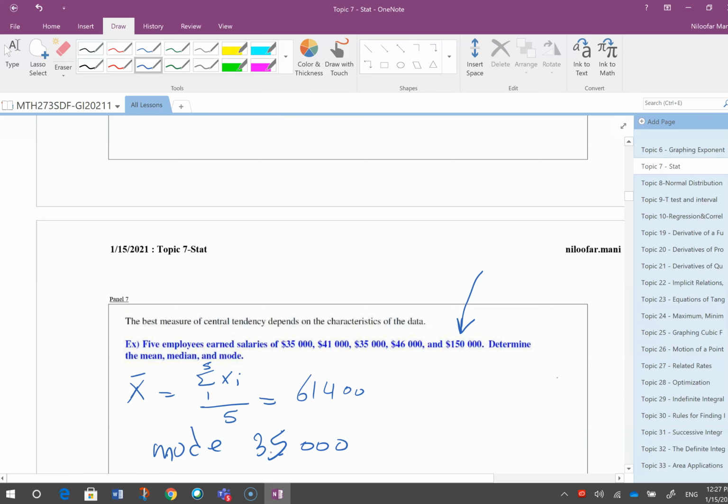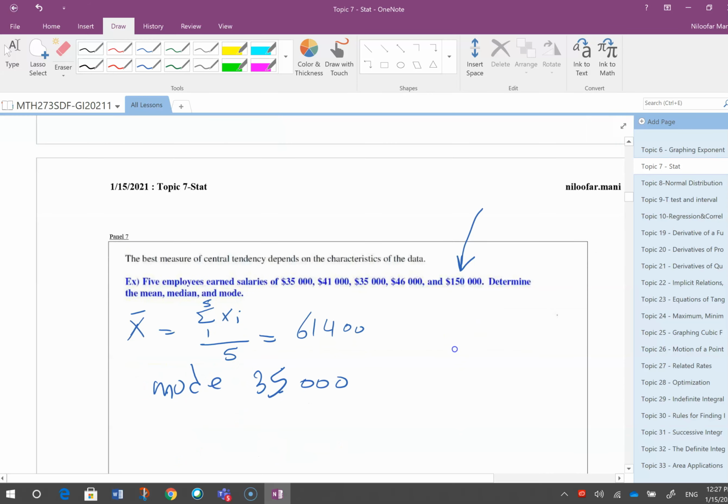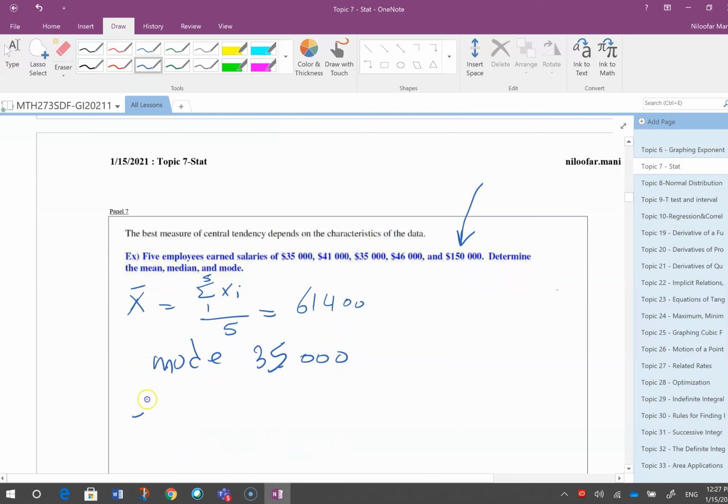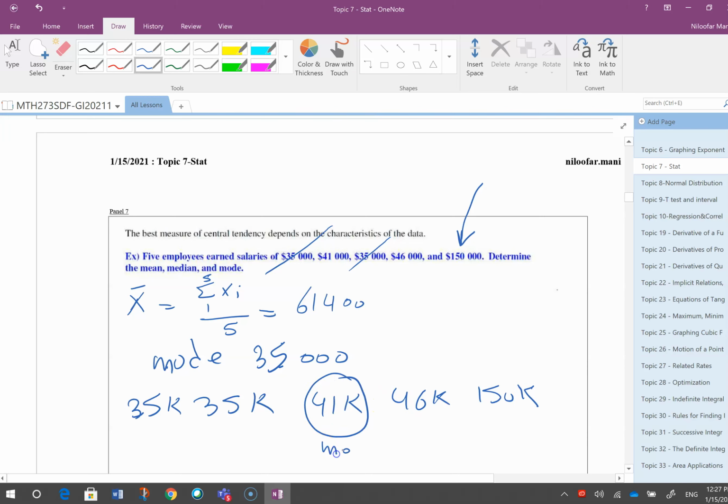How about median? You have to organize them, then cross them out: 35k, 41k, 46k, 150k. This is median. As you can see, median is much closer to most of the data here.